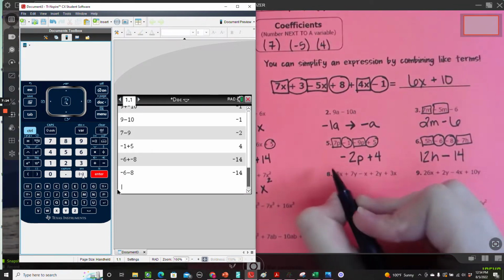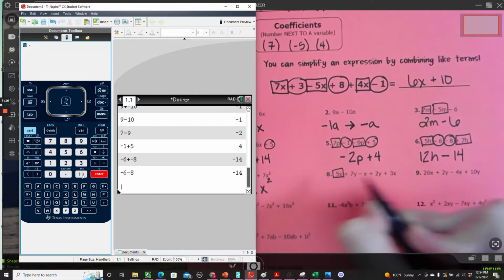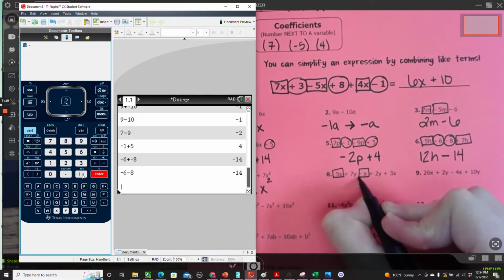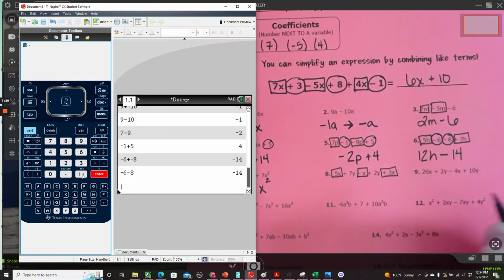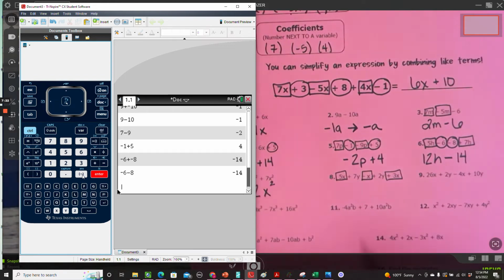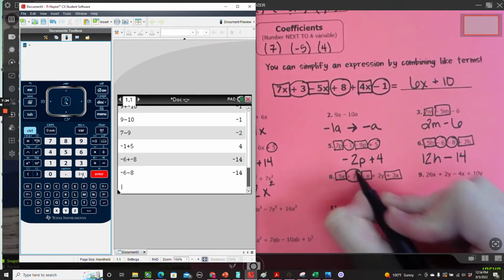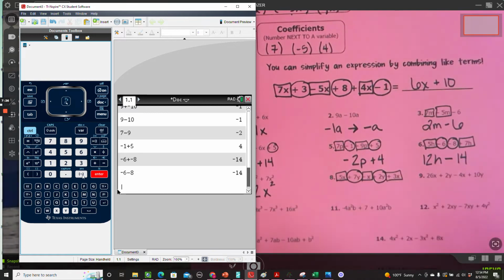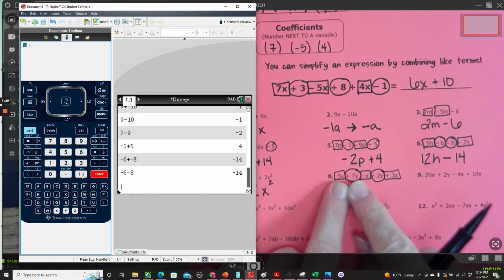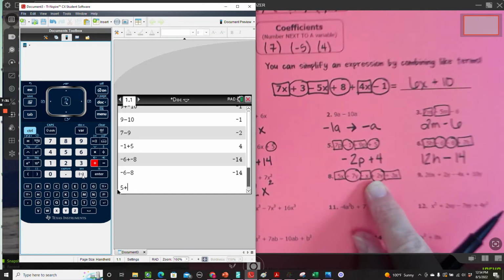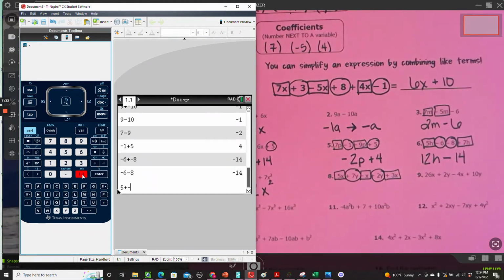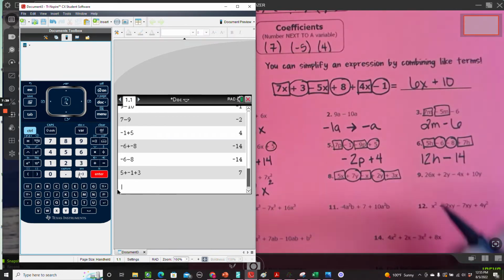So in number 8, like terms, 5x, negative x, positive 3x, those all go together, and then the y's all go together, 7y and 2y. So for this one, I've got 5. So negative x, remember invisible math. That's like a negative 1 in front of that x, and then plus 3.